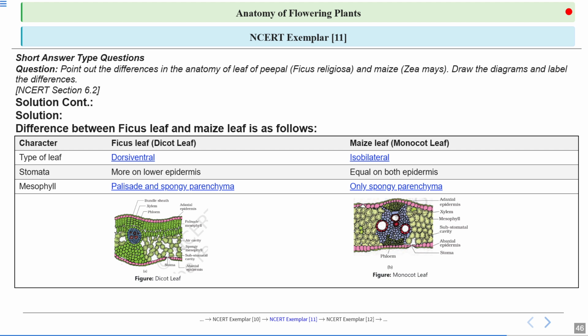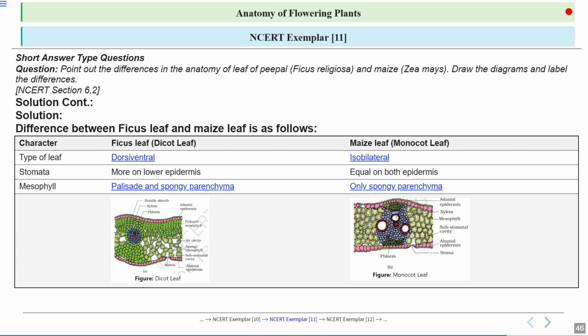Mesophyll wise, palisade and spongy parenchyma. They have two types of mesophyll cells: column wise and very compact cells of the palisade type, and the spongy, where you can see circular or oval shaped cells, right? Those are called spongy parenchyma, and they have a lot of air spaces or air cavities in between.